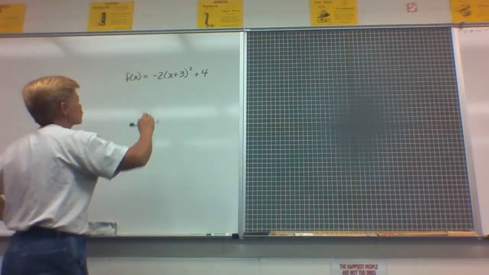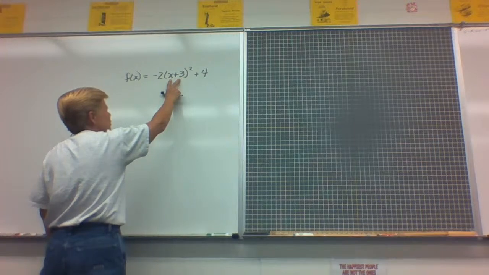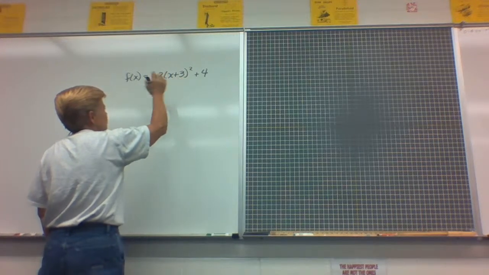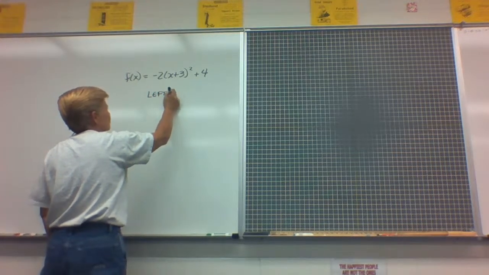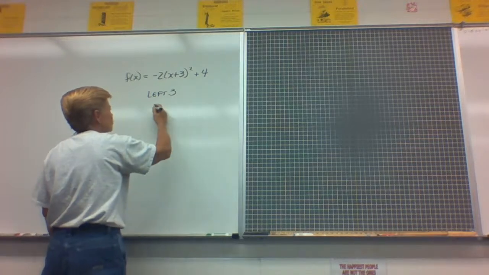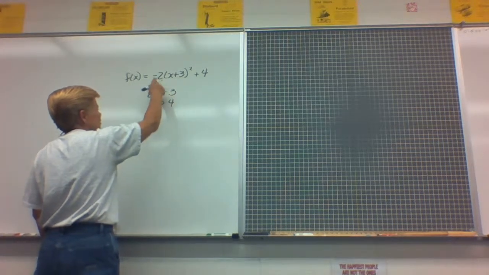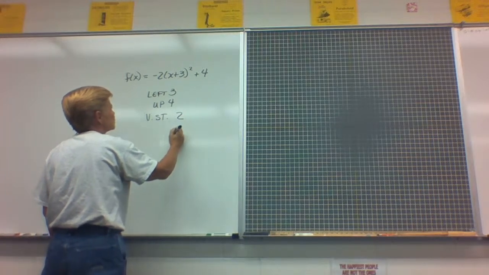In this form right here, we've got the squared part, and inside the squared part, we have plus 3. So we know that from the parent, this thing's going to go left 3. We know it's going to go up 4 because that's on the outside. We know it's going to have a vertical stretch of 2.